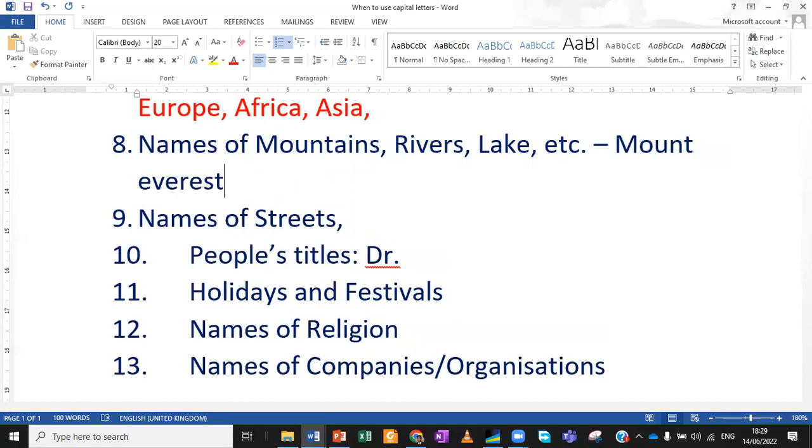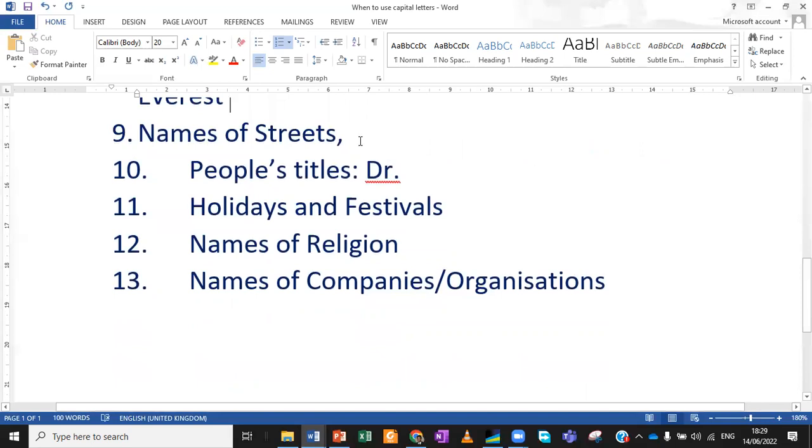The M must be in capital, the E must also be in capital. Now, watch what happens. You see, it changes. So if you're talking about a place or names of mountains, it changes to capital letter.